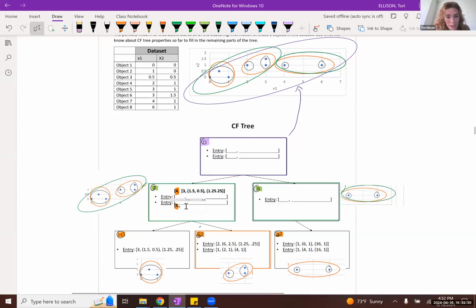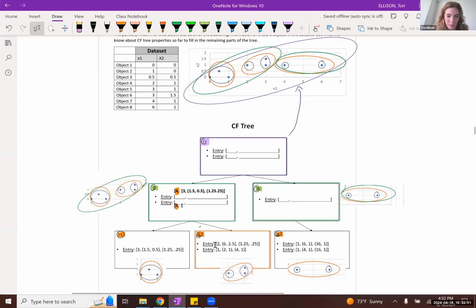And so the CF entry that we're representing here is going to correspond to the cluster that we would get if we had merged these two subclusters together. Or in other words, if we had combined this subcluster with this subcluster.